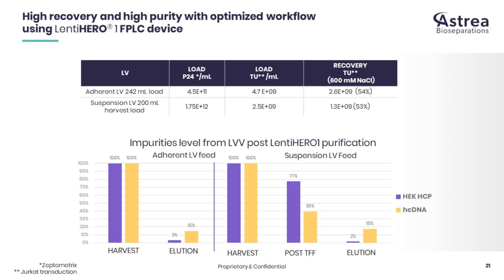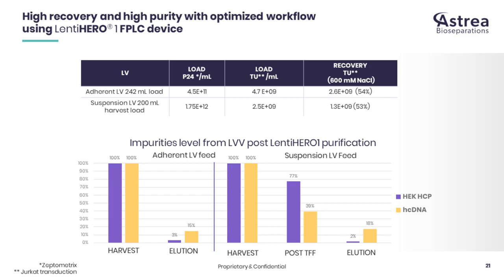After we optimized the workflow using the Lentihero 1 FPLC device, which is a 1 mL nanofiber adsorbent, we achieved a high recovery and purity from both adherent and suspension systems. We processed 200 milliliters of suspension and 242 milliliters of adherent feed.